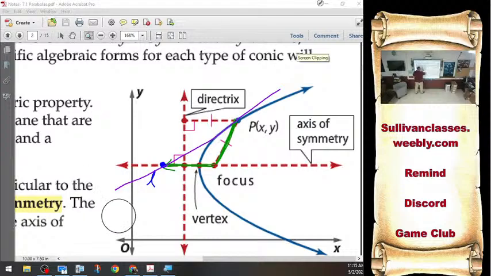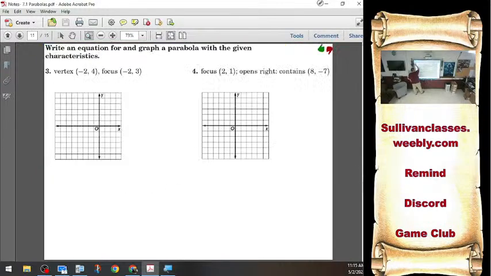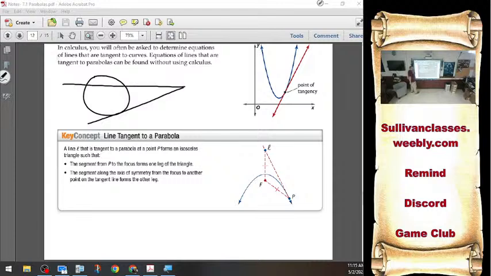Do you remember with circles, you had tangent lines? And secant lines? A tangent line is a line that skims across it and hits it at exactly one point.